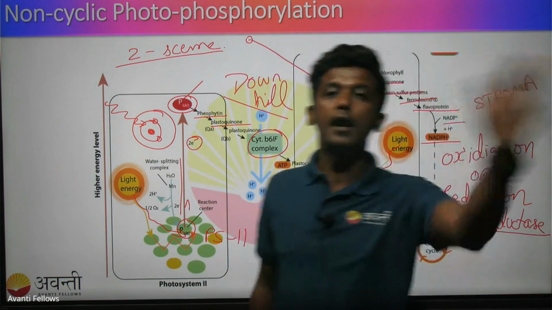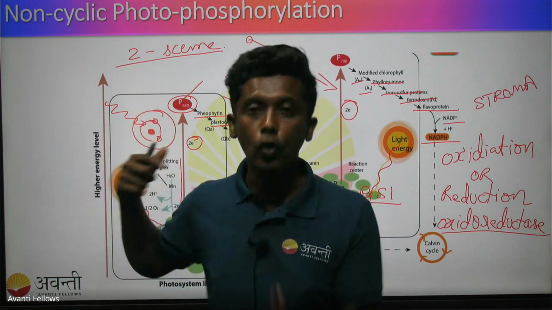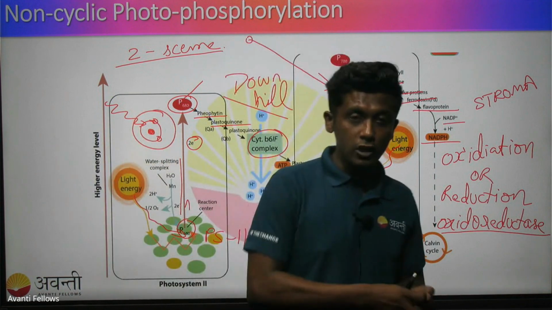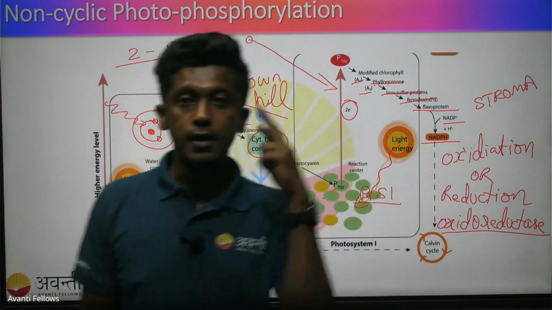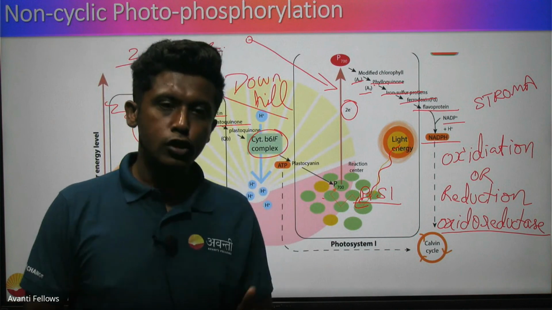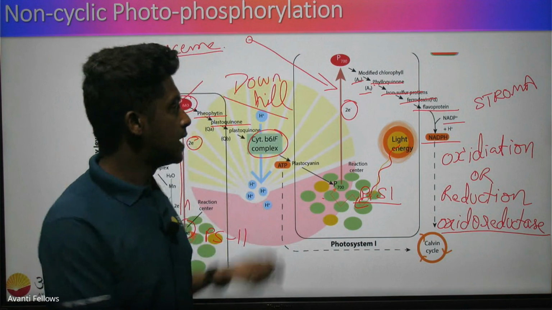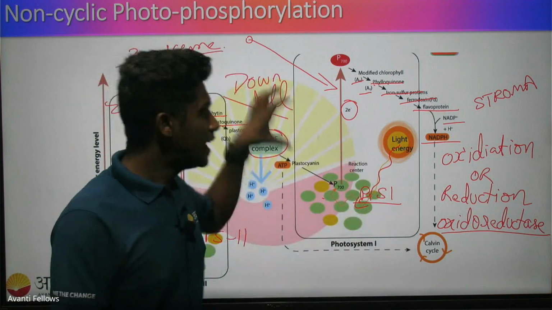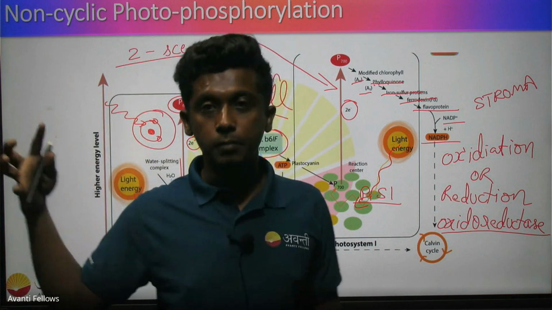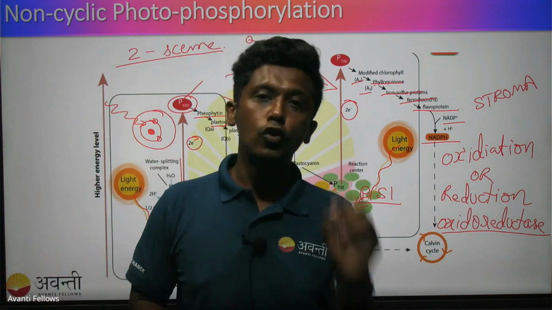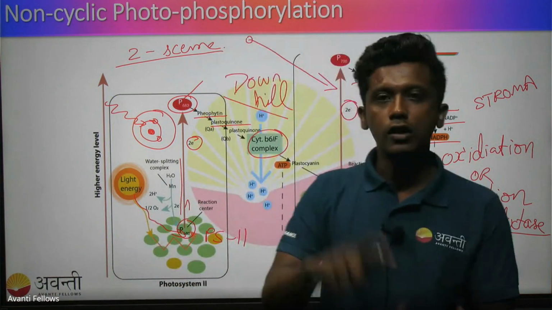ATP is one part of the story. The second part of the story is we need to prepare glucose, correct? For the preparation of glucose, two important components are necessary. One is energy in the form of ATP, and the second one is NADPH. This NADPH and the ATP are utilized in the biosynthesis phase, where metabolites are produced in the form of glucose or starch.